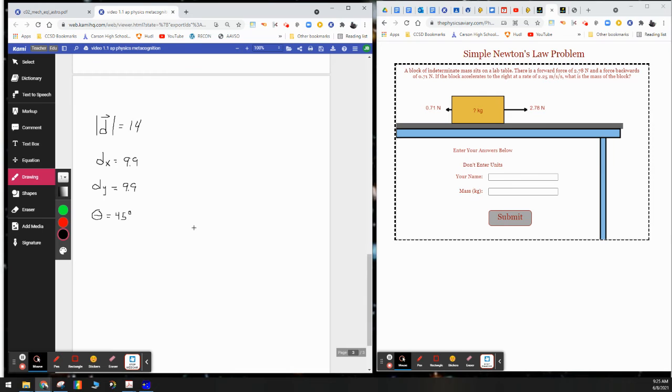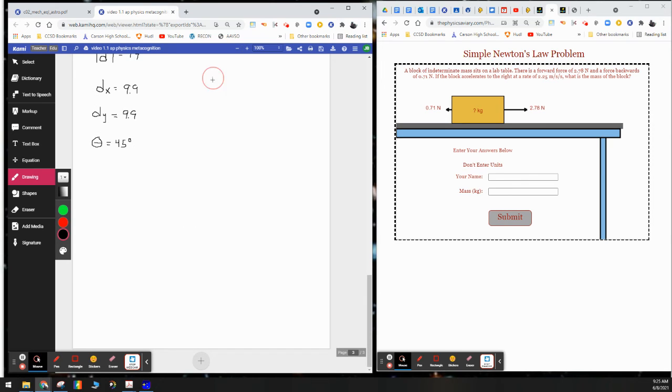So we already know that force was a push or a pull, right? Now for Newton's second law, the sum of the forces is equal to mass times acceleration.